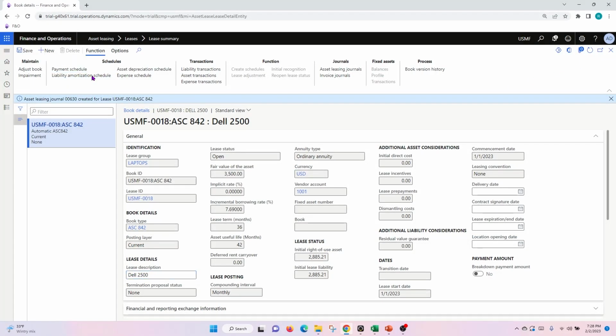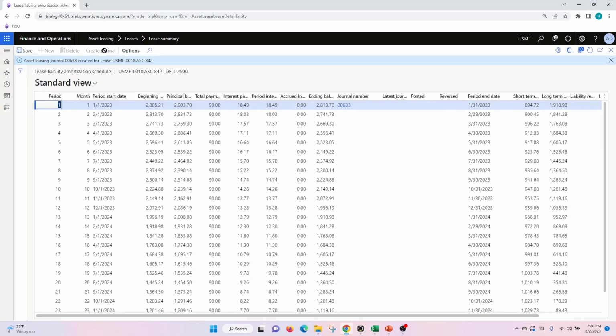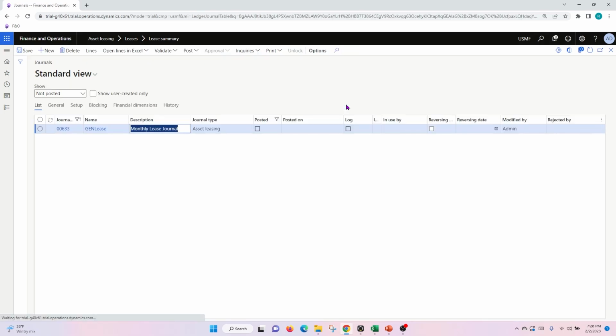And the last one is a liability amortization schedule, create journal. And instead of going to that other screen, we could also click here under journal number and lines.